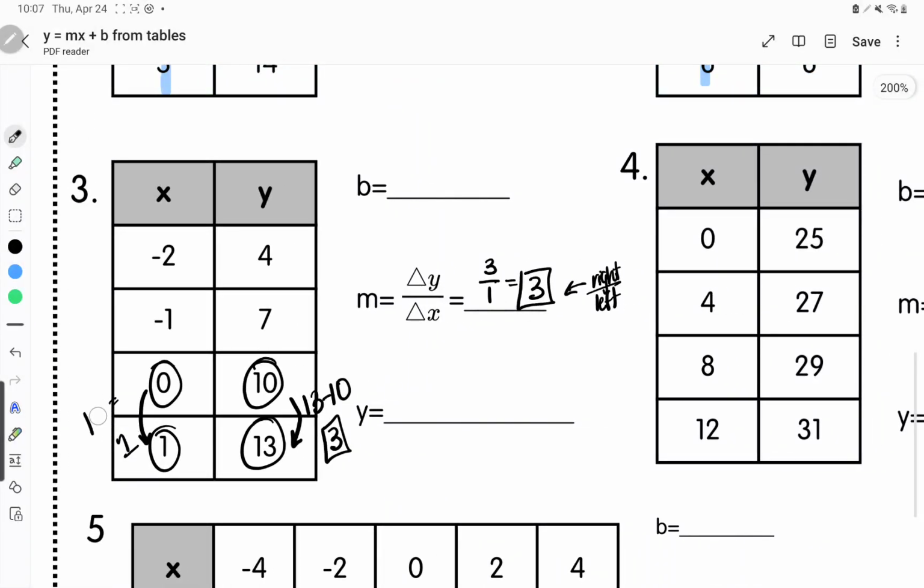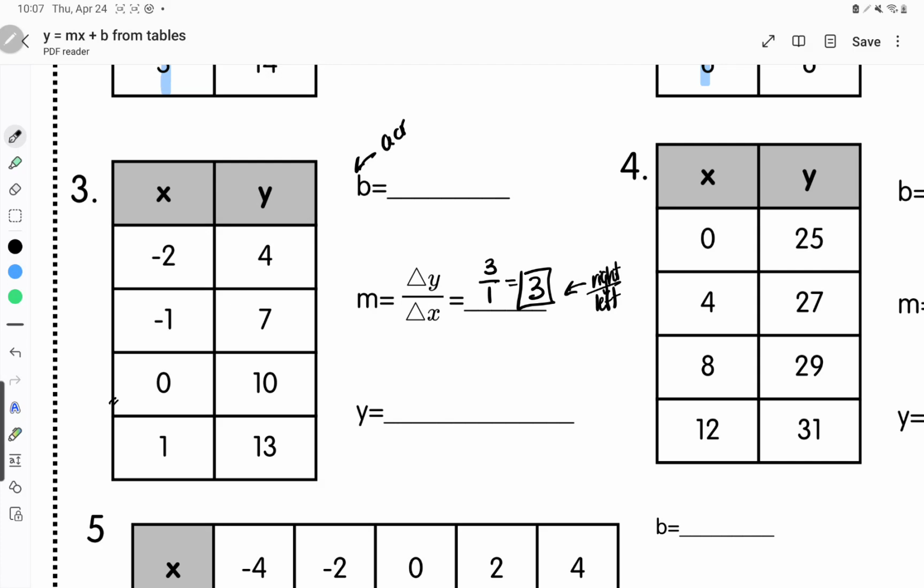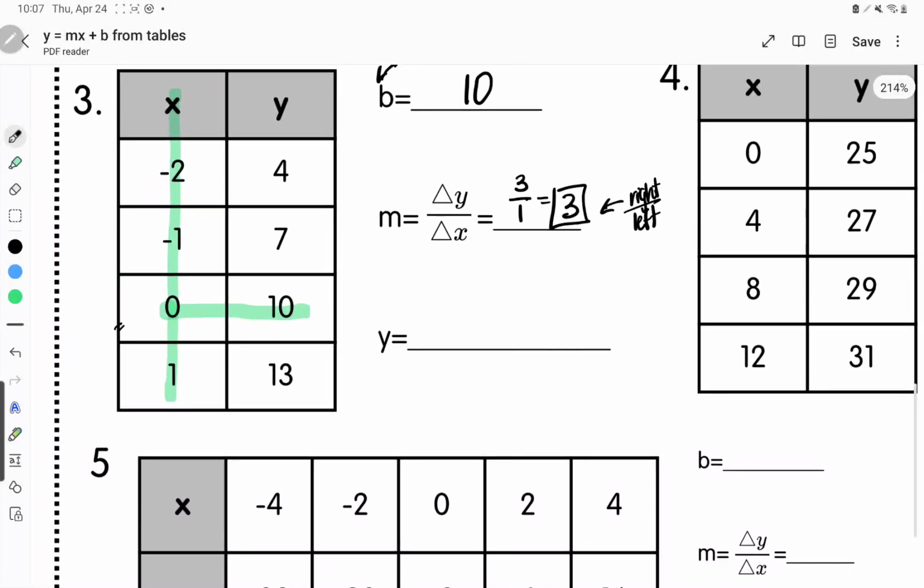How do we find b? b is across from where x equals 0. So I go down my x's, and then I find 0, and here's 0, so my b is 10. I have y equals mx plus b. So I would have y equals, my m is 3, and my b is 10.